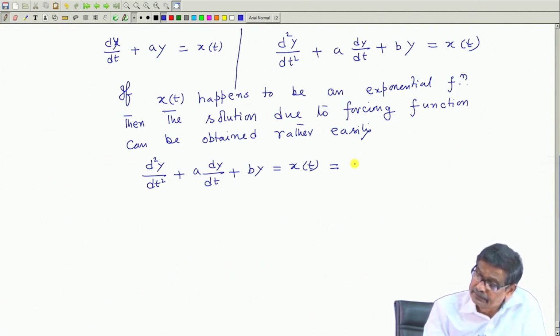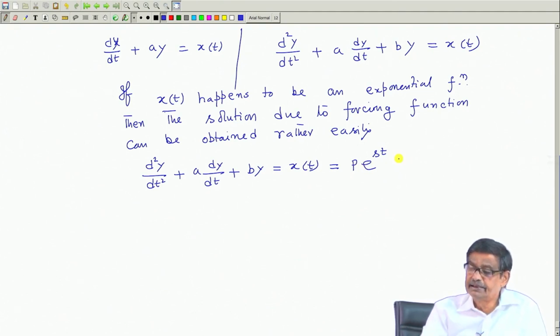say, e to the power s t. It can have some magnitude also, say p into e to the power s t.